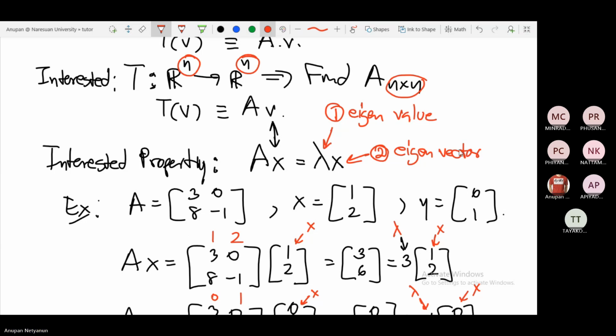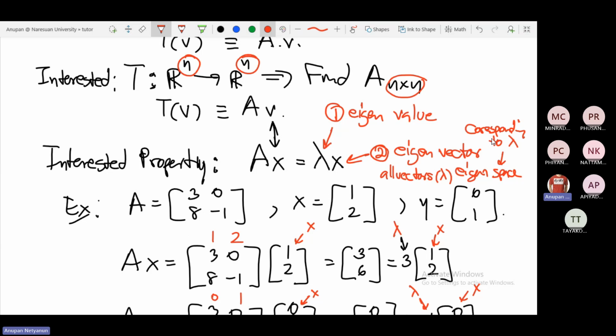If you talk about all vectors that satisfy this equation corresponding to this lambda, we will call it eigenspace, corresponding to eigenvalue lambda. If there is only one vector, it's called an eigenvector, but if it is all the vectors that make this equation true and are related to this lambda, it is called the eigenspace corresponding to that lambda.